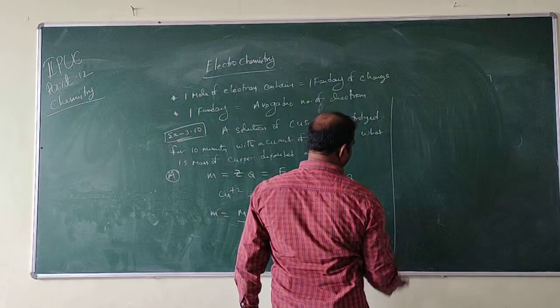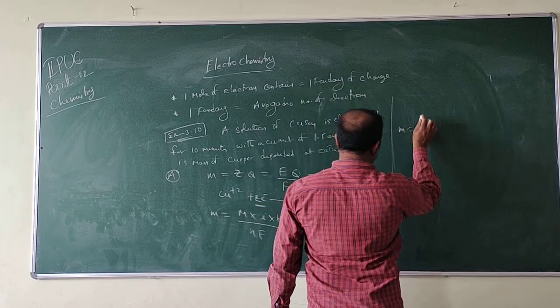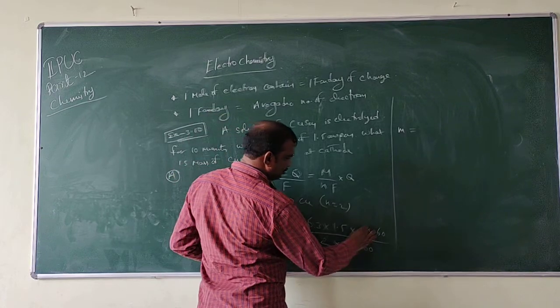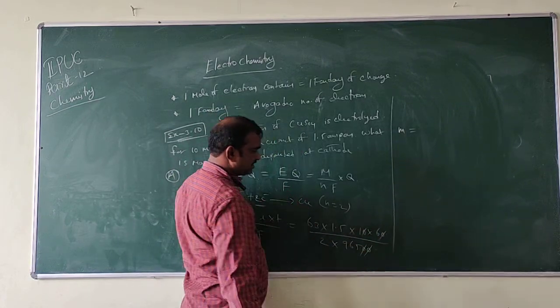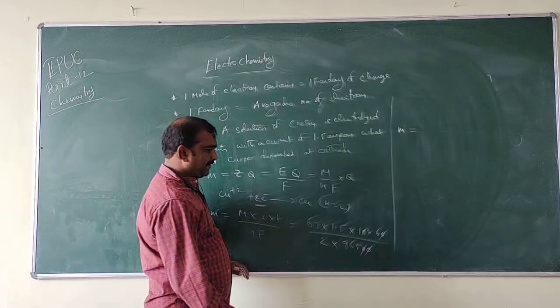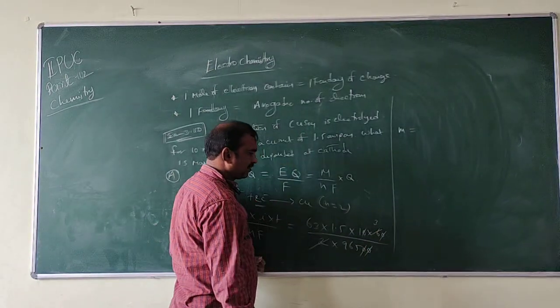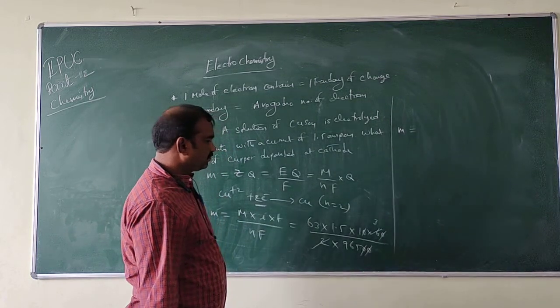If you simplify this, m is equal to, look here, the zeros will cancel, and 2 3s, right?